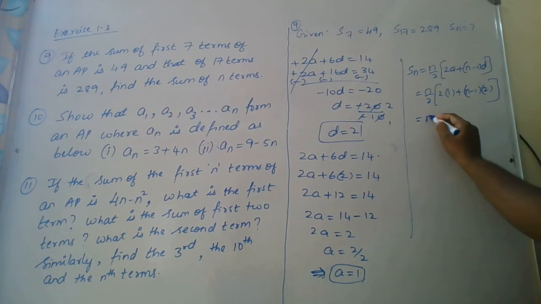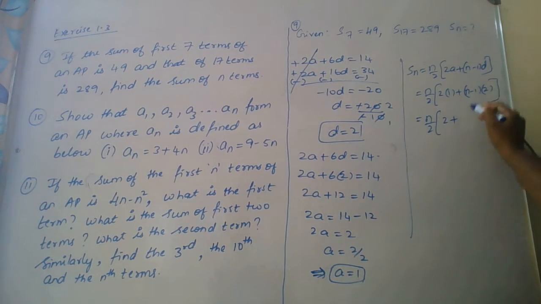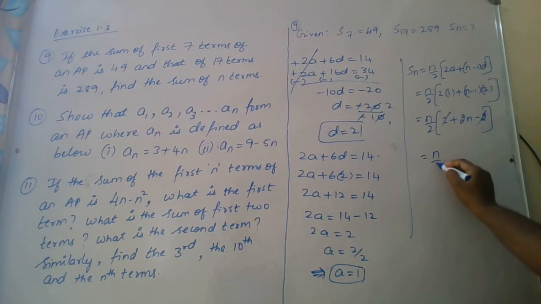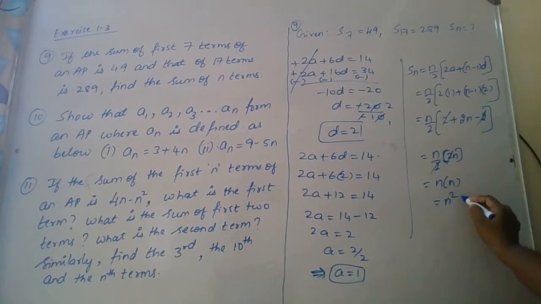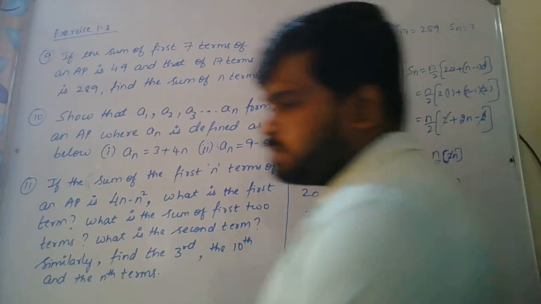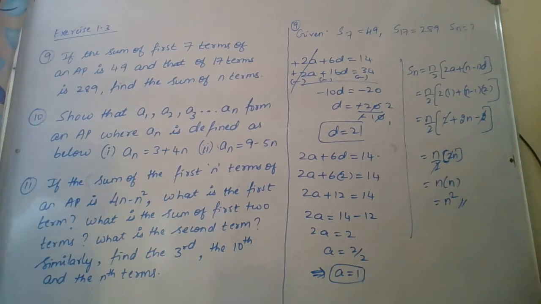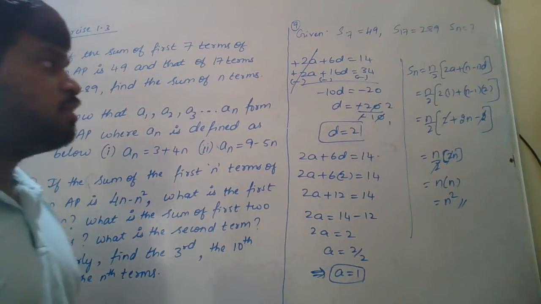You get n by 2 into 2 into 1 is 2, plus 2 into n is 2n, 2 into minus 1 is minus 2. So plus 2 minus 2 gets cancelled. n by 2 into 2n. The 2 gets cancelled, and you're left with n into n, which is n square. So this is the formula: Sn equals n square.